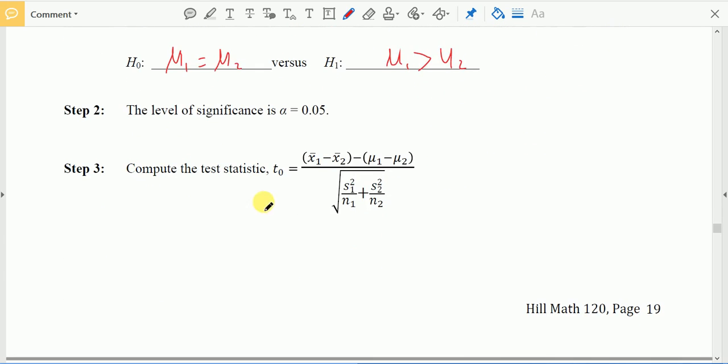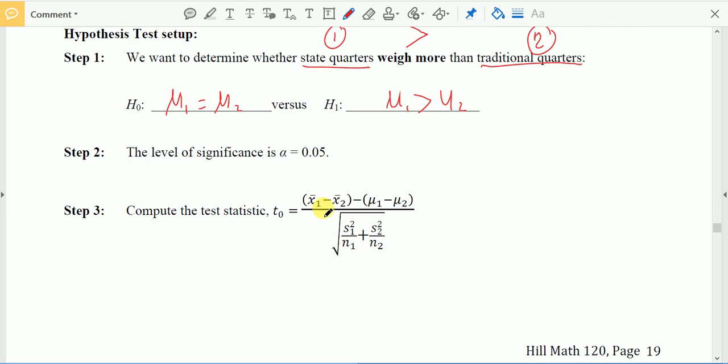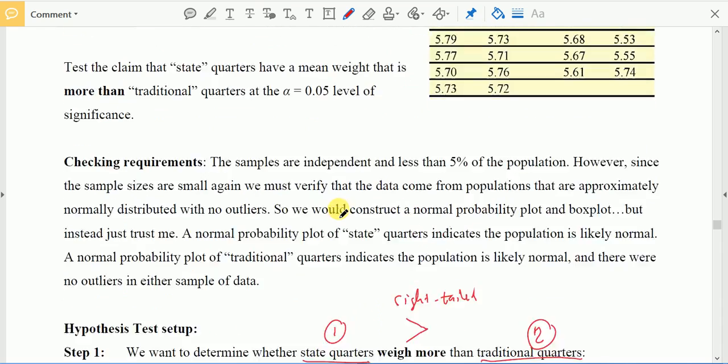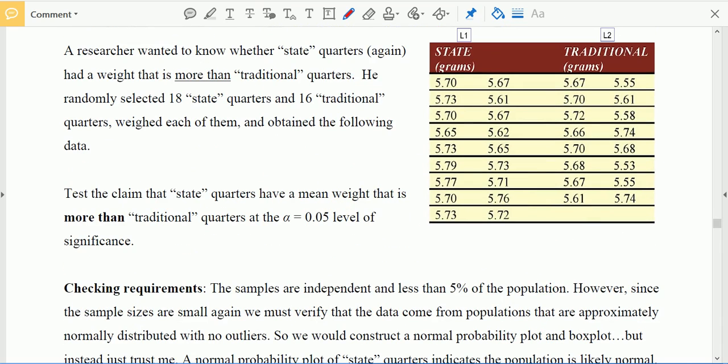And x1 bar and x2 bar here are the arithmetic means of the data. x1 bar is when you add all of these numbers together and divide by 18, because there are 18 data.